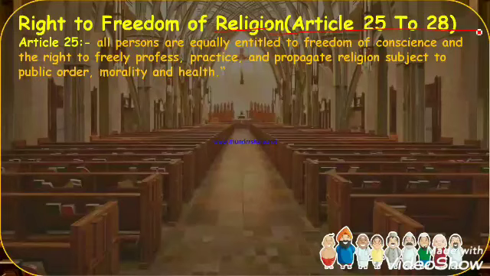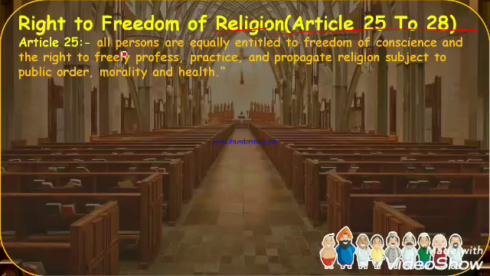Okay, so let's first talk about Article 25. What does Article 25 say? Article 25 says that all persons are equally entitled to freedom of conscience and the right to freely profess, practice and propagate religion. You are not restricted until and unless you are breaking any reasonable rule in the name of religion.